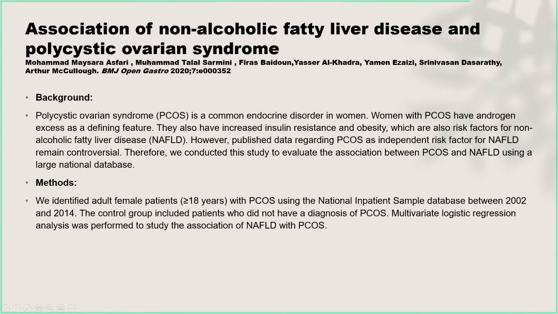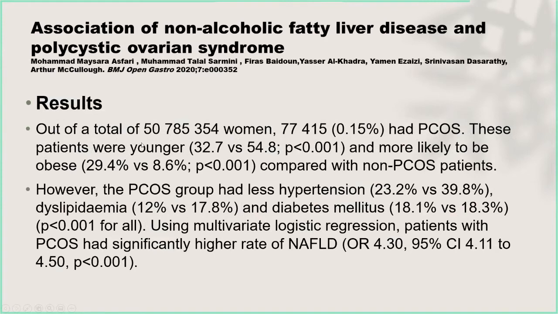The number of patients is very high, 50 million people. 77,415 had PCOS, and these patients were younger and more likely to be obese compared to the non-PCOS patients. However, the PCOS group had less hypertension, dyslipidemia, and diabetes.